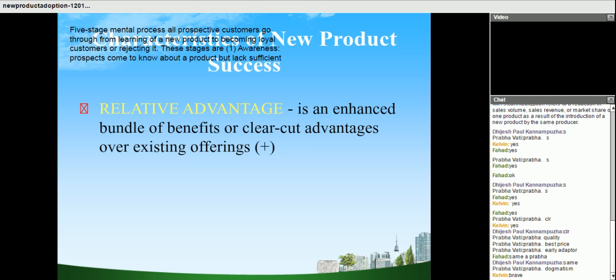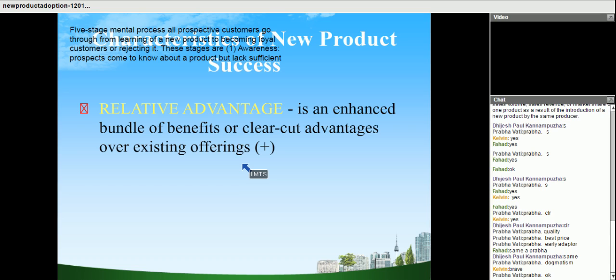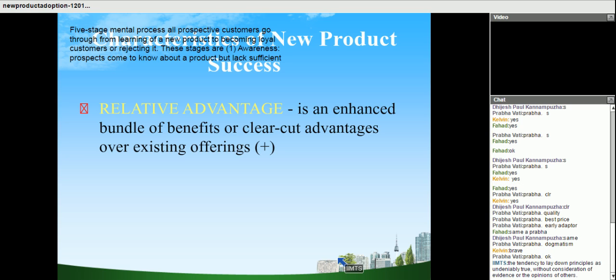Dogmatism: the tendency to lay down principles as undeniably true without consideration of evidence or the opinion of others. Right now, there is one type of people who live their life on principles, who don't compromise on principles.